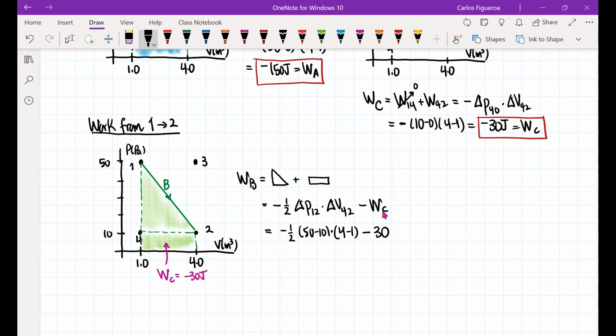Let me make sure I get that right. That's 40 times 3. So this should be minus 1/2 times 120, that's minus 60 minus 30. So this should give me a value of minus 90 joules for the work of B.